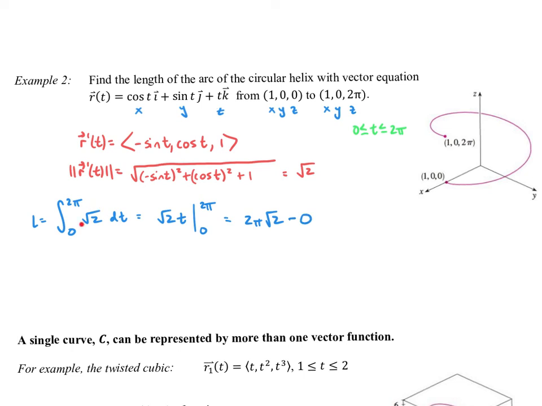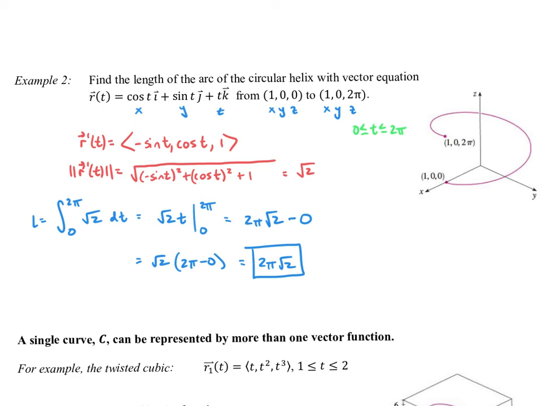If there's a constant here, the integral is simply the constant times the difference of the limits. So in other words, you could say that the answer would be the square root of 2 times the difference of those limits, which again is the same thing. And we'll look into that as we get into more difficult integrals, like for instance double integrals and triple integrals. But either way, the length of this particular curve is 2π square root 2.